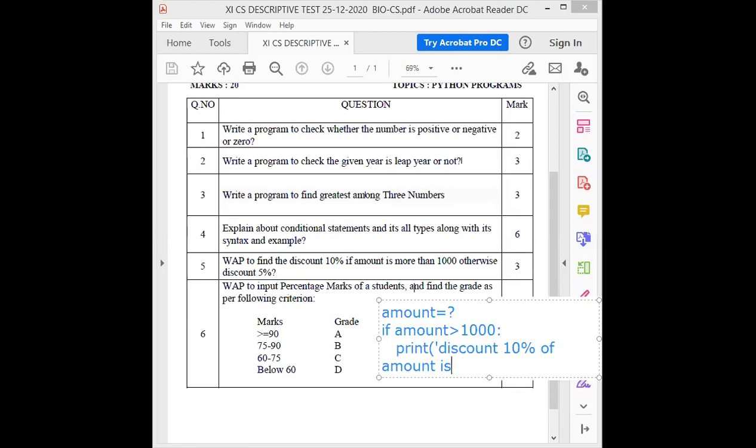So how do we find the discount of 10% of the amount, students? After discounting 10%, what is the amount? For example, if it is 2000, what is the discounted amount?